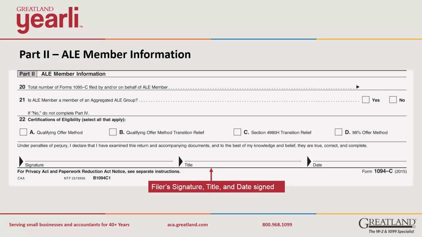If this 1094-C is not the authoritative transmittal, the filer may skip parts 2, 3, and 4. Regardless of whether the 1094-C is the authoritative or non-authoritative transmittal, the filer must date and sign the form and include the filer's title on the form.